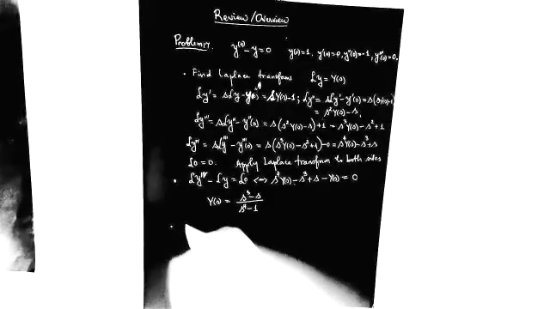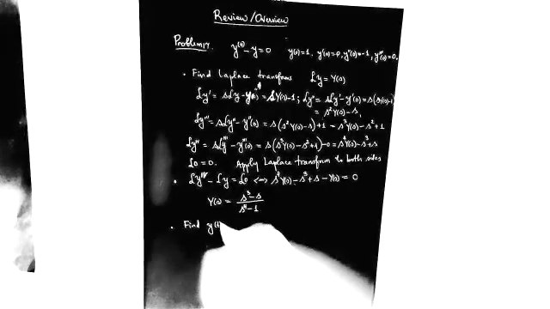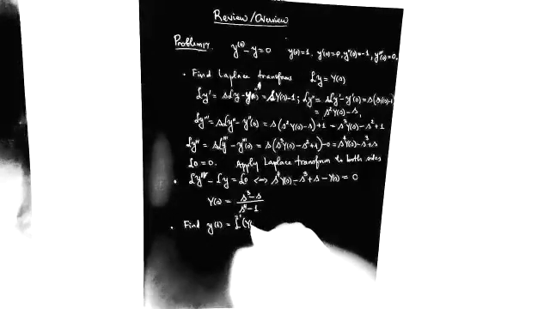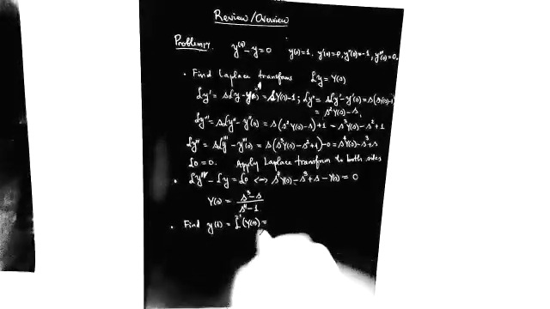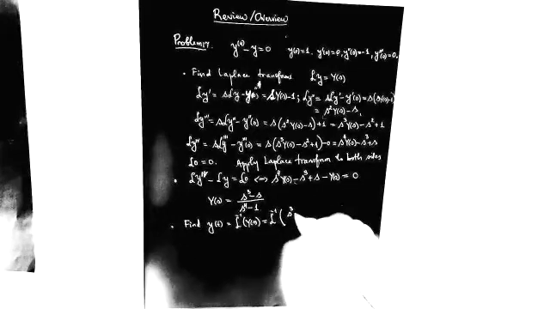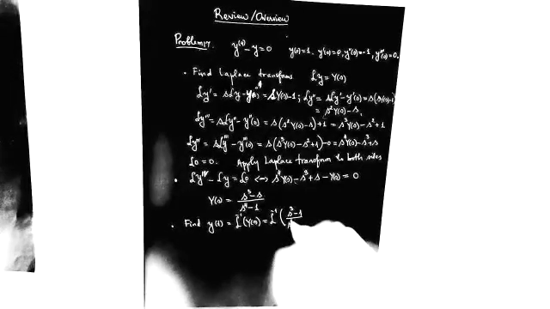And now you've got to find y of t equals the inverse Laplace transform of capital Y of s. That is the inverse Laplace transform of s cubed minus s over s to the fourth minus 1.